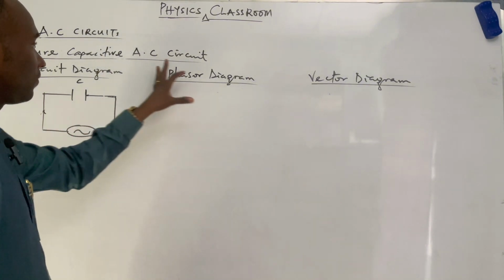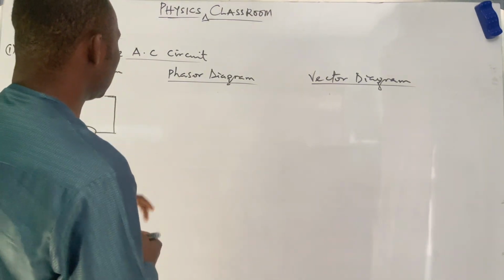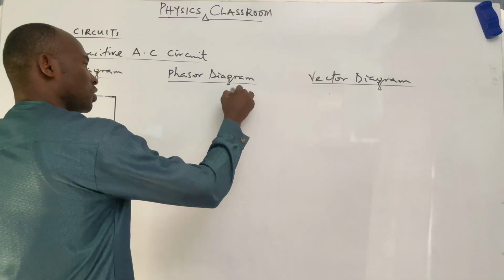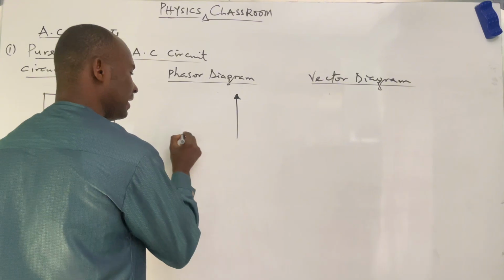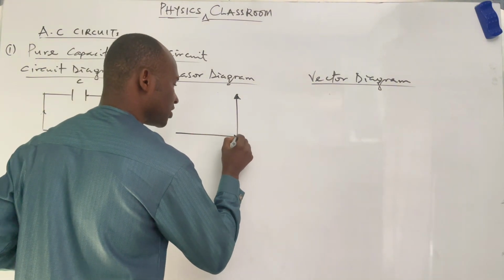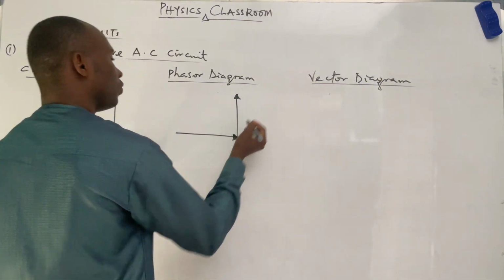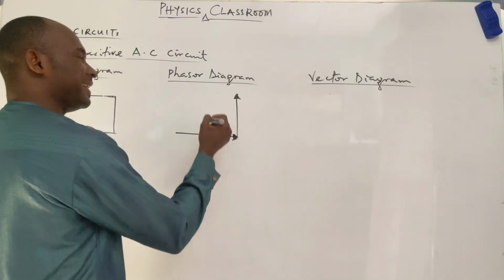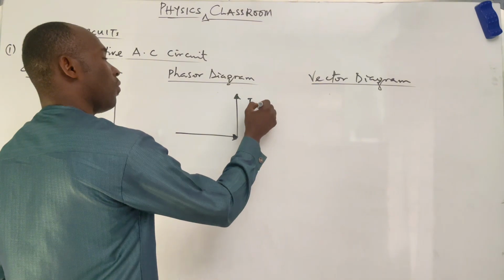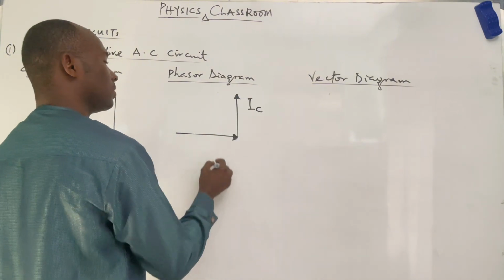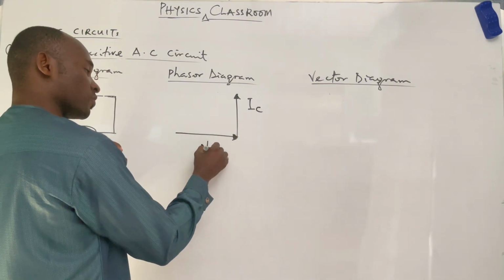That's that about that. For phasor diagram, we know that in a pure capacitive AC circuit, the current will lead the voltage. Current will lead the voltage by 90 degrees. This represents the current flow across the capacitor, and this line represents voltage across the capacitor.